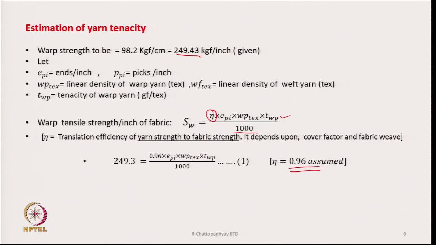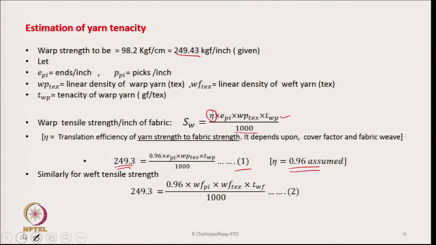So, we assume a value 0.96 and then we write the equation number 1, where this is the strength given, and on the right hand side you see we write 0.96 EPI WPTX TWP by 1000. So, that becomes one equation. Similarly, for weft tensile strength we can write a similar equation exactly, because here both ways we need the same strength.